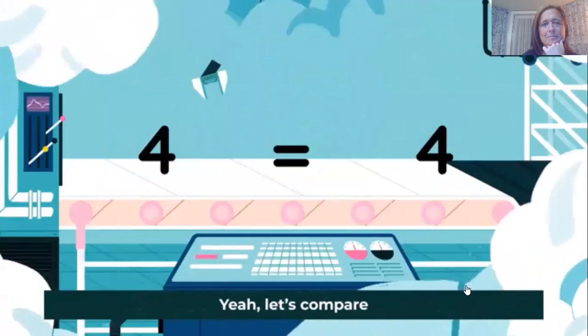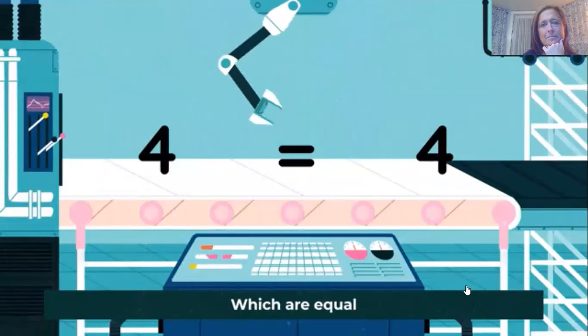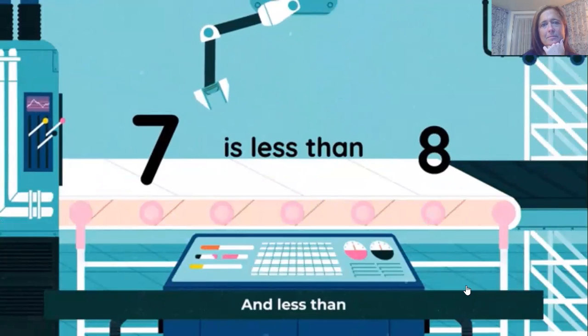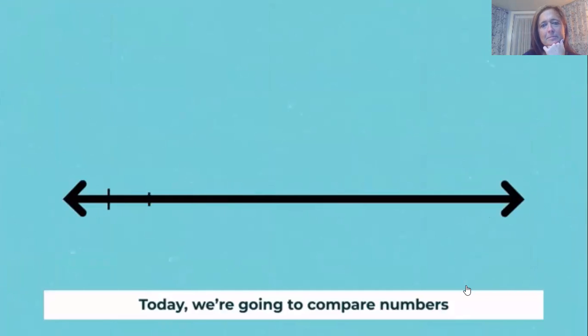We compare numbers to show which are equal, greater, and less than. Today we're going to compare numbers.